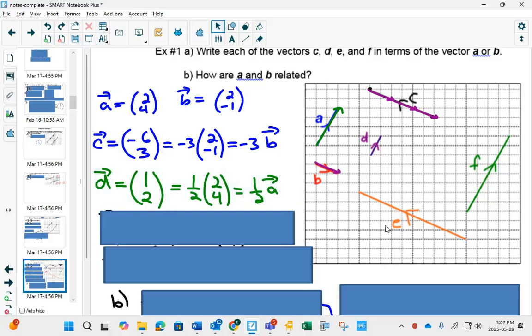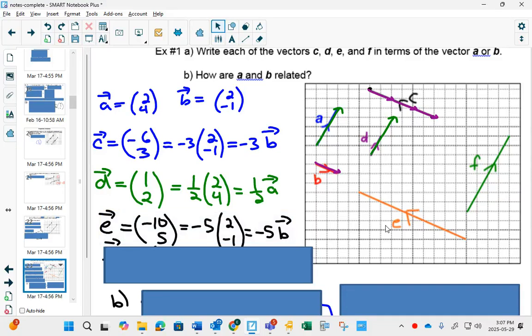If I would look at D, well, D is definitely in the same direction as A, but I would have to cut it in half. So it would be half of A. E, 1, 2, 3, 4, 5 B's in the opposite direction, so it's negative 5B.